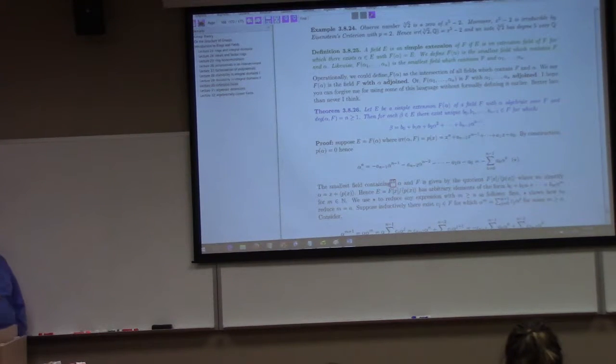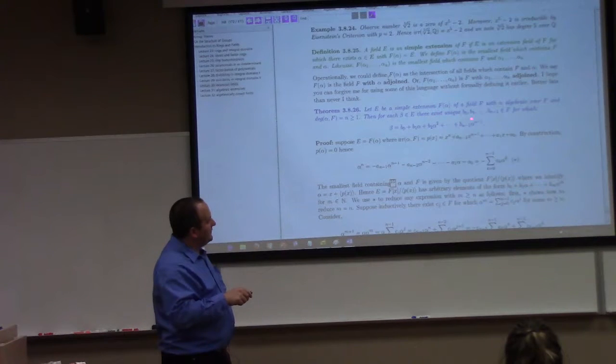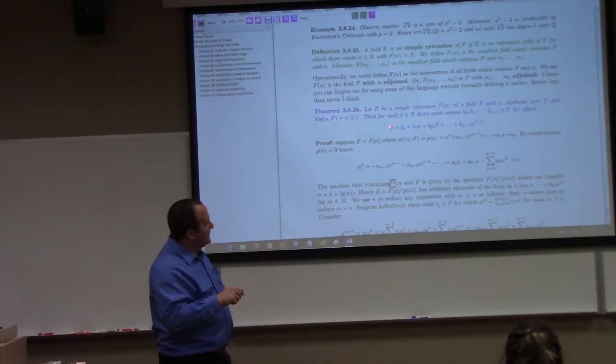This is the theorem, this one. This is the theorem that says if you have a simple extension of a field F with alpha algebraic, then anything in the extension can be written as a linear combination of up to the n minus 1th power of the extending element. Right?